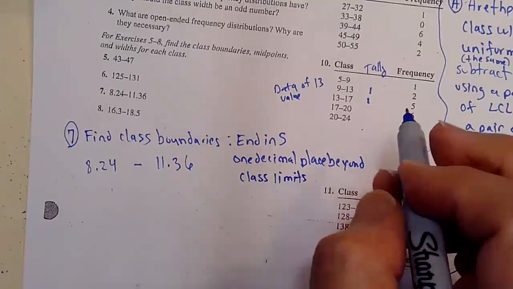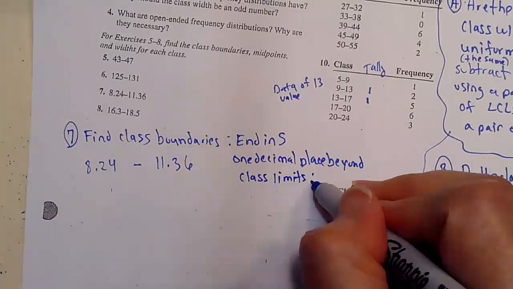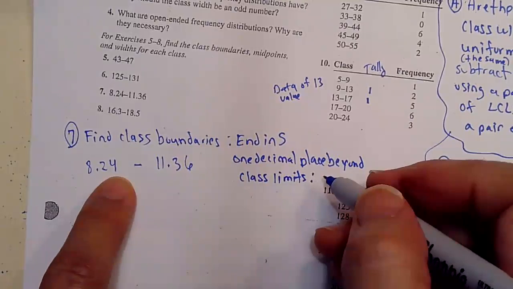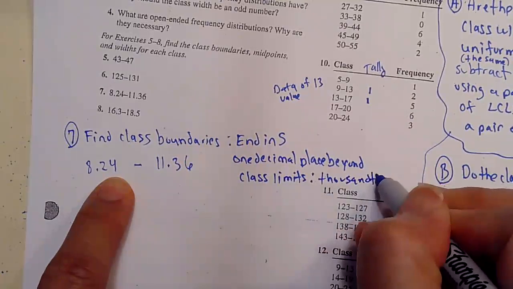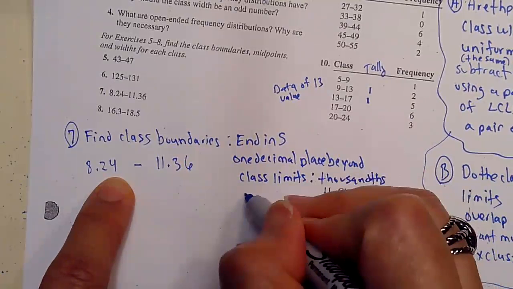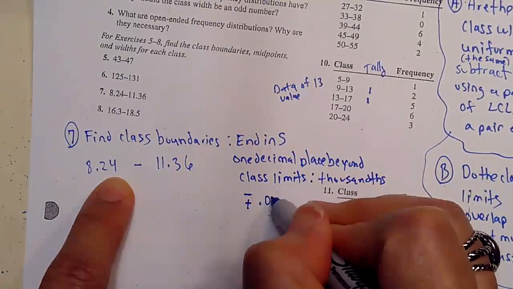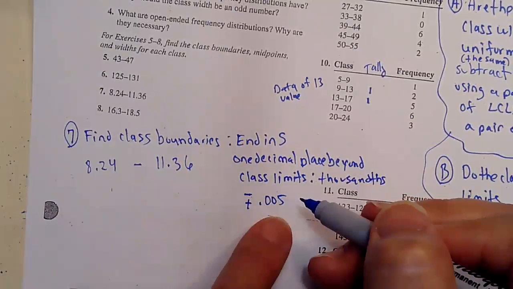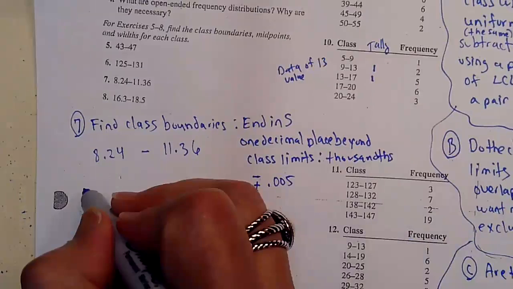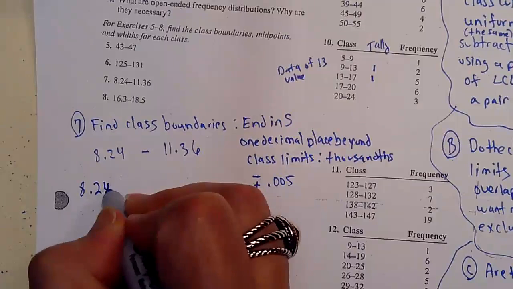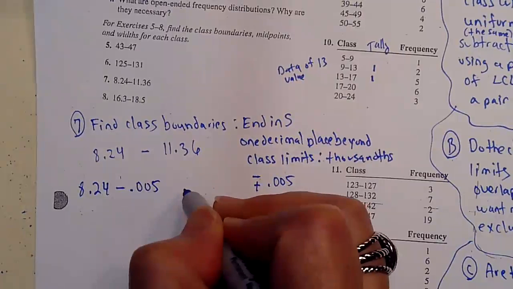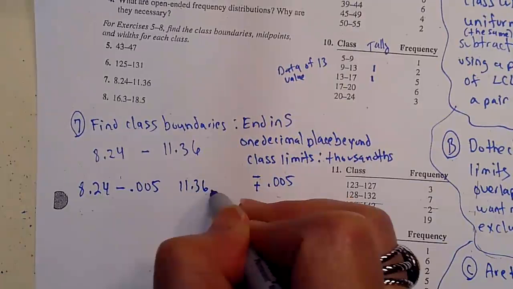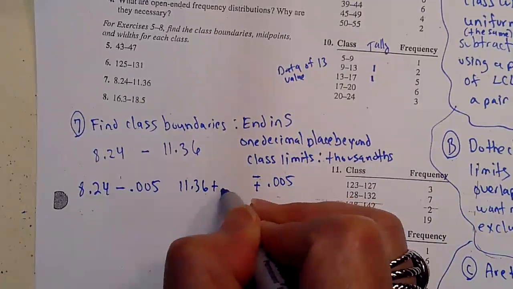So that means if this is tenths, hundredths, I need thousands. So that means I need to subtract and add 0.005: tenths, hundredths, thousands. So this is 8.24 minus 0.005. This is 11.36 plus 0.005.